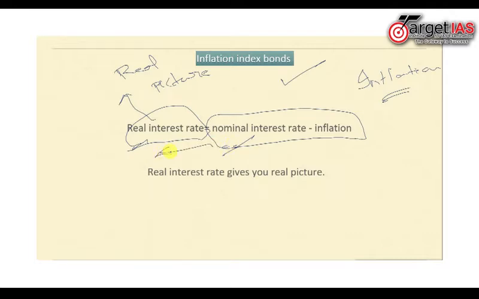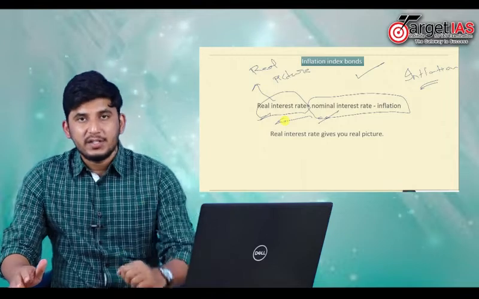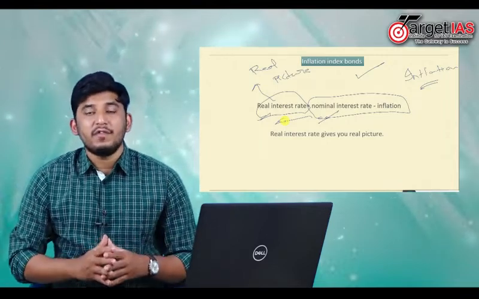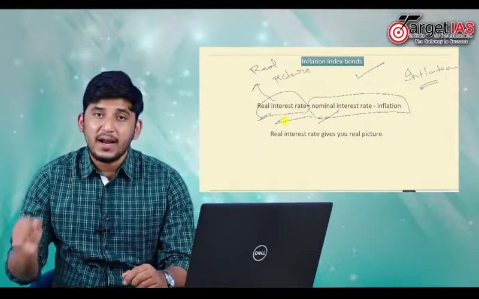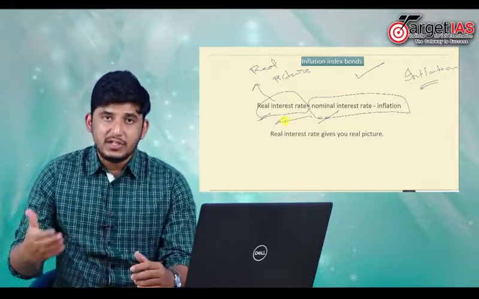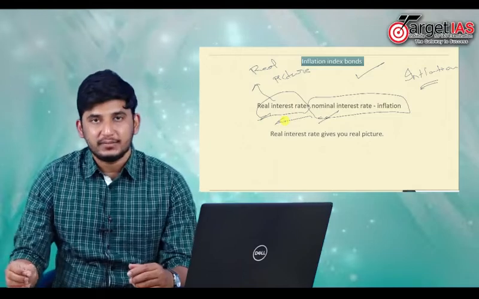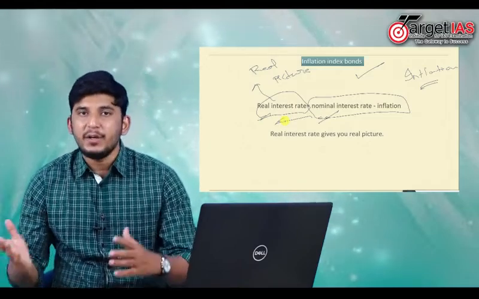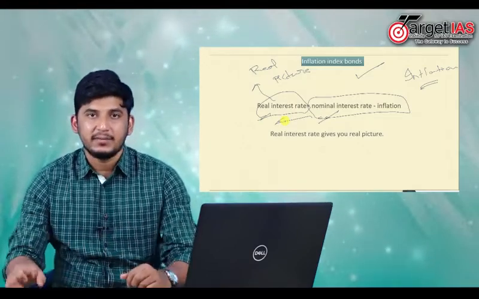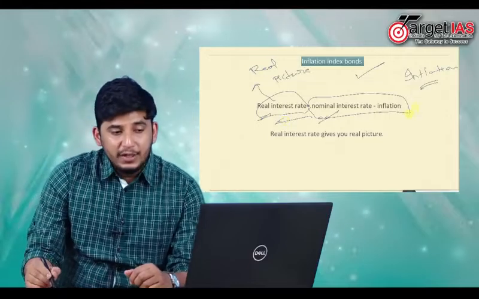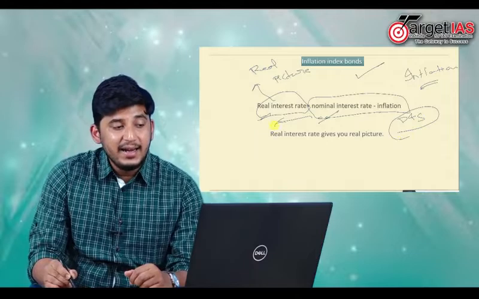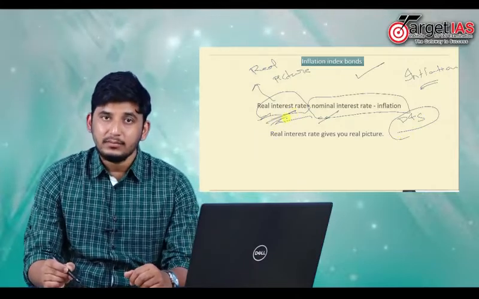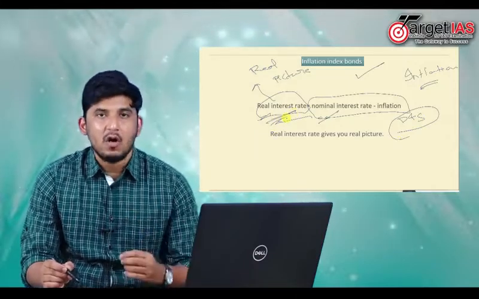Let me explain that. If the prices have increased, not just because of the factors of production or productivity, but due to inflation, due to the mismatch between demand and supply, then if you remove that, you will get the real interest rate. You will get the real picture of an economy.